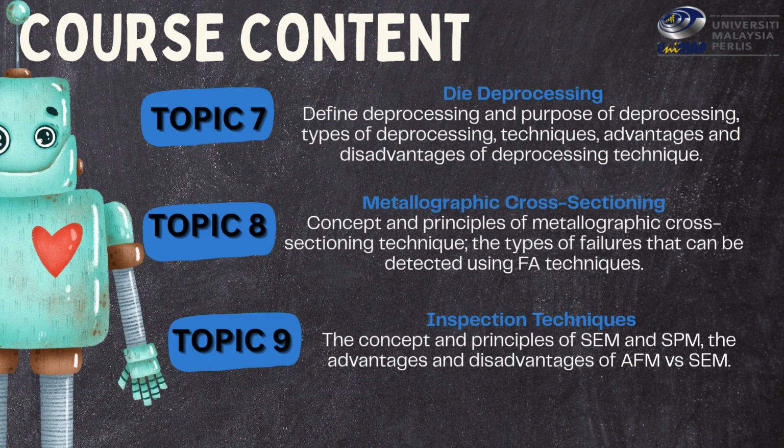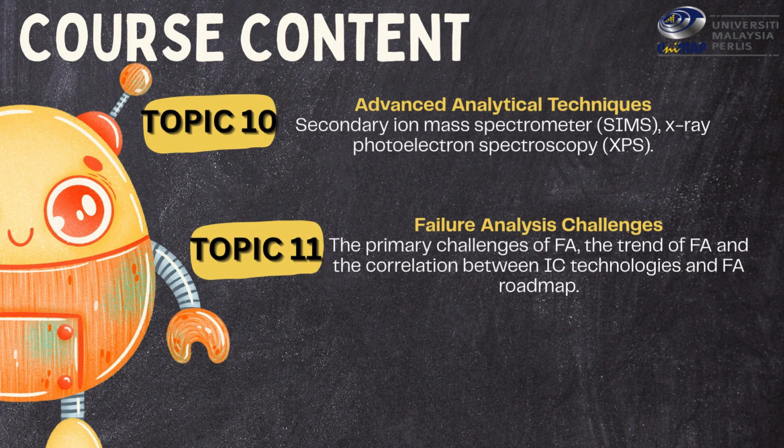Then we proceed with the inspection technique, which covers the concept and principle of SEM and SPM, and the advantages and disadvantages of AFM versus SEM. What is SEM? What is AFM? You will learn this in topic 9. Then topic 10 is the advanced analytical technique, a continuation from topic 9 on SEM and AFM, and we proceed to more advanced techniques: the secondary ion mass spectrometer, SIMS, and X-ray photoelectron spectroscopy, XPS.